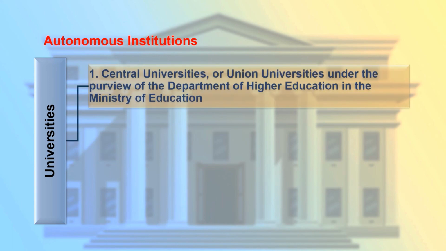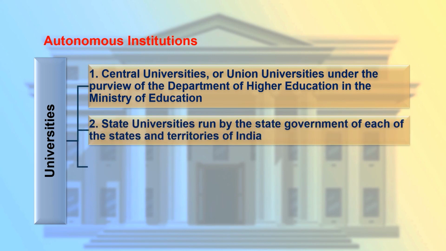What are the different types? Number 1, central university or union universities under the purview of the Department of Higher Education in the Ministry of Education. Total 54 numbers are there. Then second one is state universities run by the state government of each of the states and territories of India.